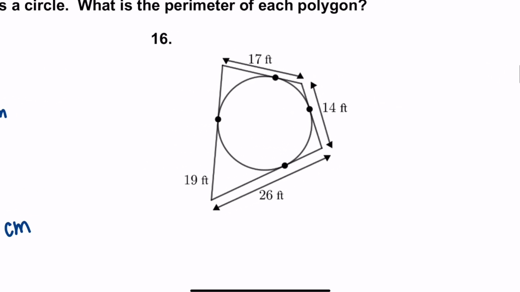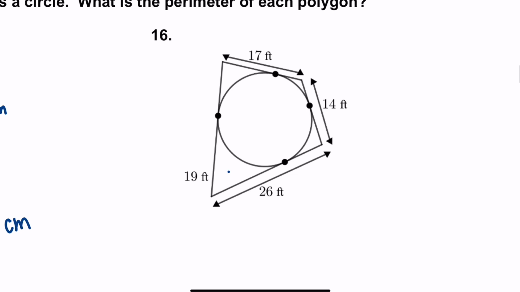Number 16, same thing. We're just finding all of the little pieces. I cannot start with this 17 because this 17 is not only this piece, but it's this piece as well. So I need to start with this 19. This piece here is 19, so this piece here is 19. I'm just going to write a 19 here.